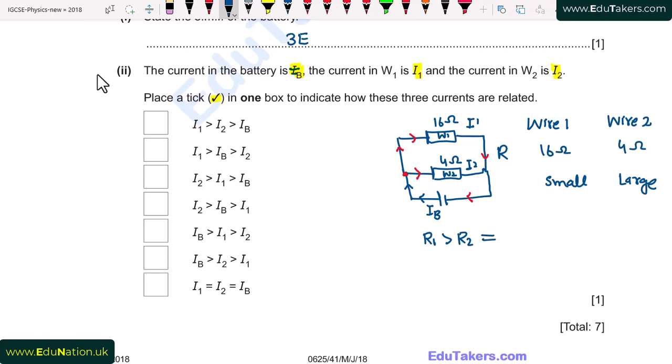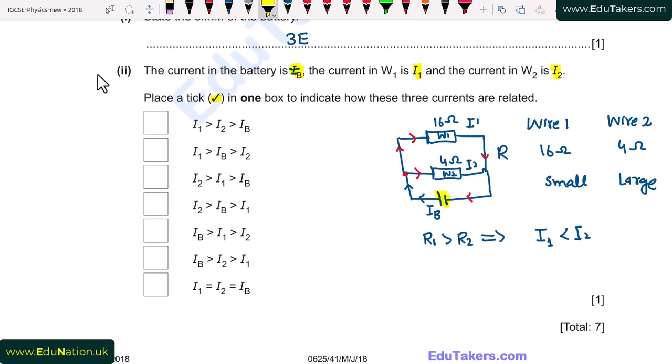So I can simply write from here that I1 must be less than I2, because wire 1 has more resistance, that's why its current will be smaller. Now we compare this with the whole current.